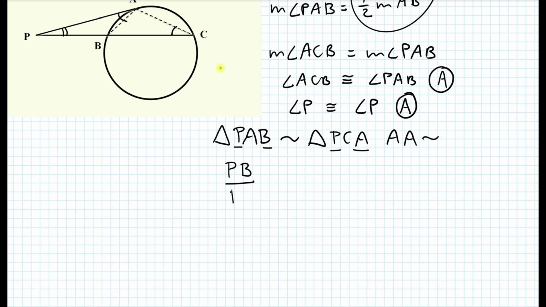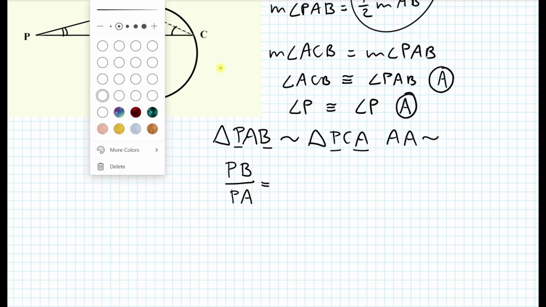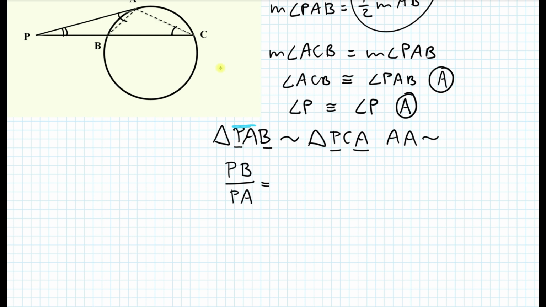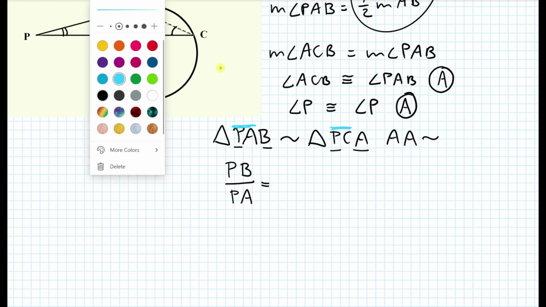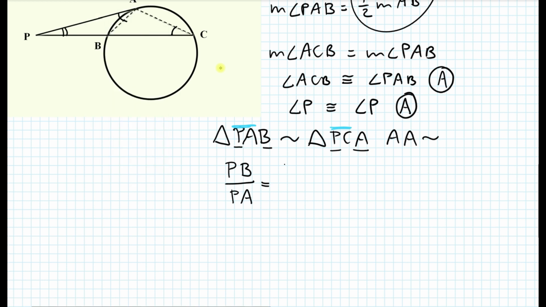So we're going to write PB over PA must be equal to, and let me select a different color so you guys can see it better, here we have PA, and the corresponding segment is PC. So let's write that in. So here we have PA over PC.